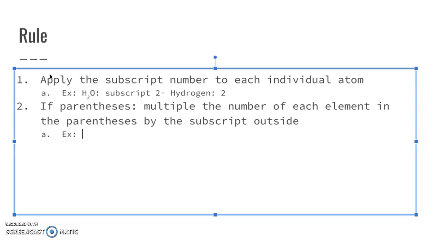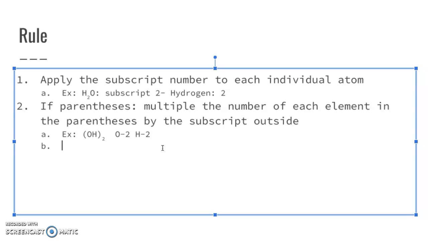Okay, meaning, if I had in parentheses OH subscript 2, following the first thing, I would say, okay, I have an O of 1, I have an H of 1, based on applying the subscript of each individual atom, right? And then I have my parentheses, so I'm going to multiply my number of each by whatever my parentheses is, right? So O would now be 2, H would now be 2, okay?